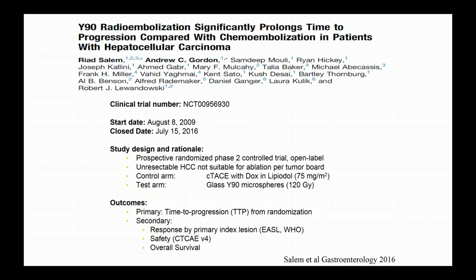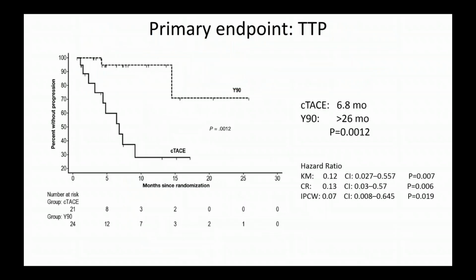It is a single center study. It was initially started as a multi-center study, but eventually the other centers dropped out due to recruitment issues, and the only site that was able to recruit was Northwestern. But as you can see, and these are all patients that were trying to go for transplant, time to progression in the Y90 group was longer than in the conventional TACE group.